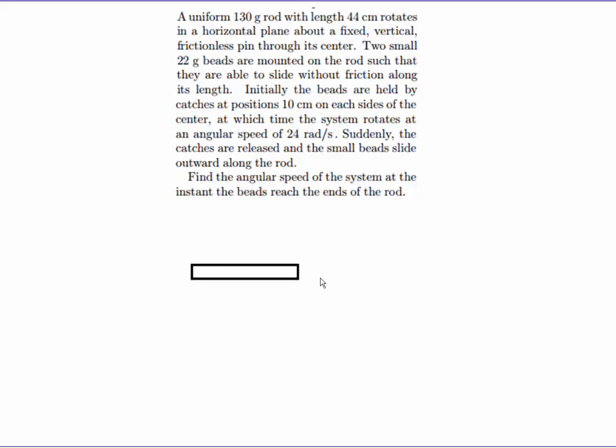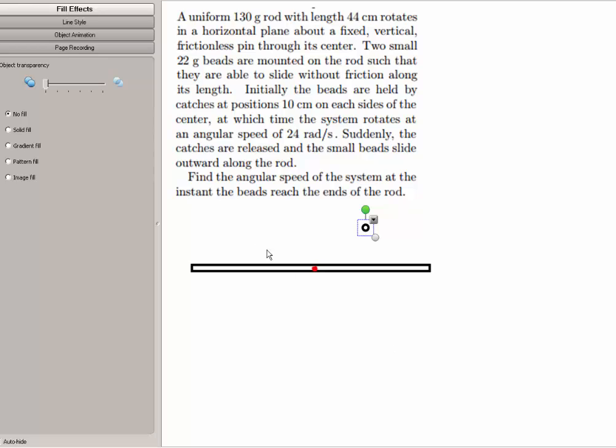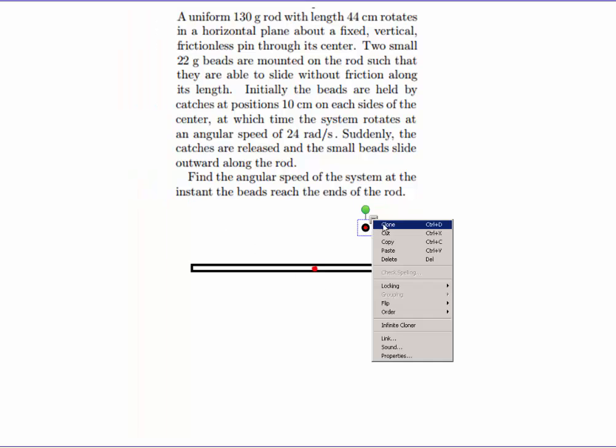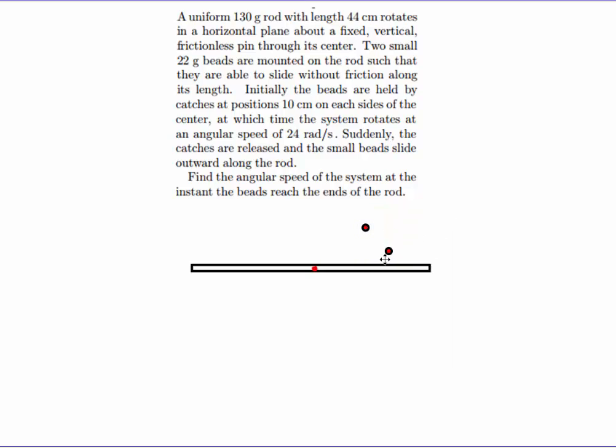So the picture would look kind of like this. You're spinning around a point right here. You have a bead here. So that's what it's going to look like initially.